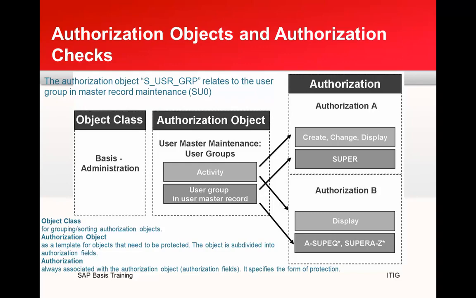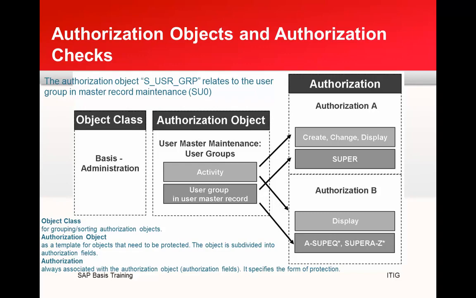Okay, so here you can see the object class. Basically it is for grouping or sorting authorization objects. So we have the object class, then we will see the authorization object, which in this particular case is S_USR_GRP.